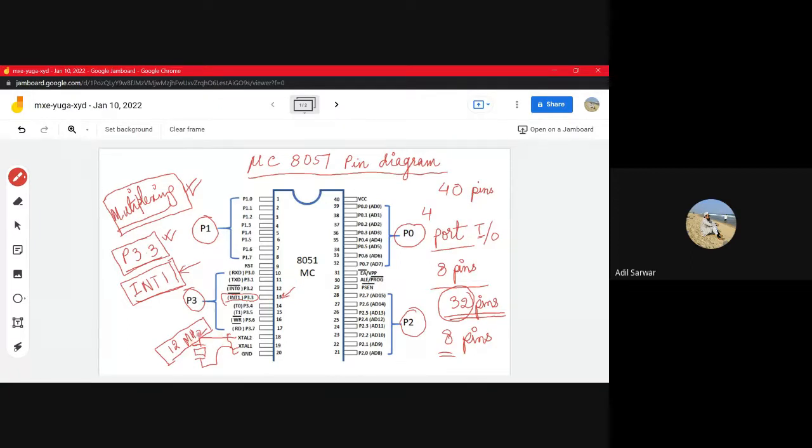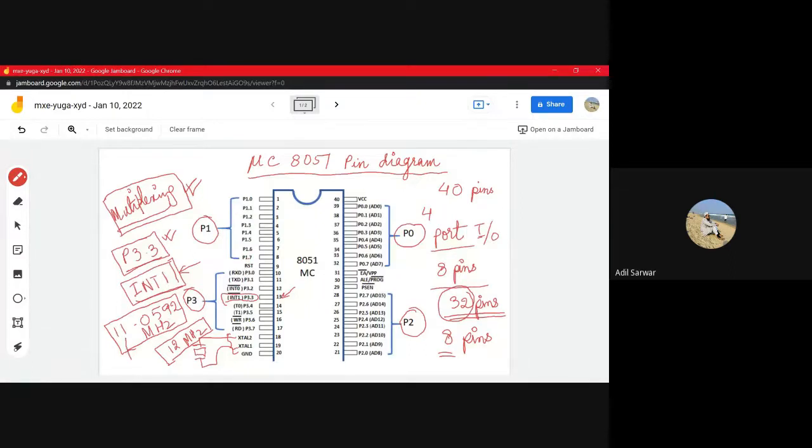But right now, just remember that we give pulses of 12 megahertz from these two pins XTAL1, XTAL2 to the microcontroller 8051. And in some situations, we even give pulses of frequency 11.0592 megahertz. So why is this peculiar frequency given? It is given when we are using 8051 for serial communication.